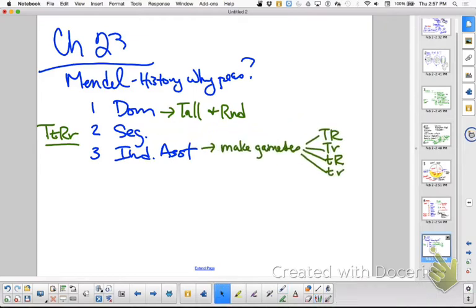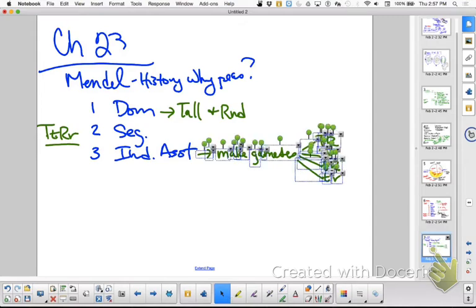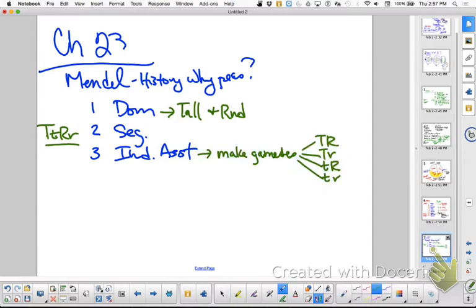I was getting ahead of myself. Law of segregation says when I make my gametes, I'm either going to give a big T or a little t, not both. I'm going to give big R or little r, not both. That's the law of segregation.